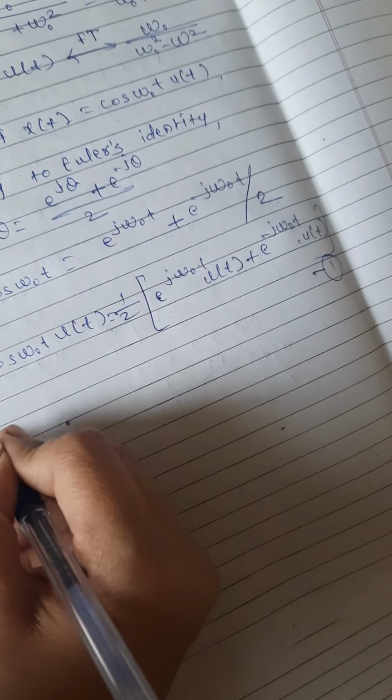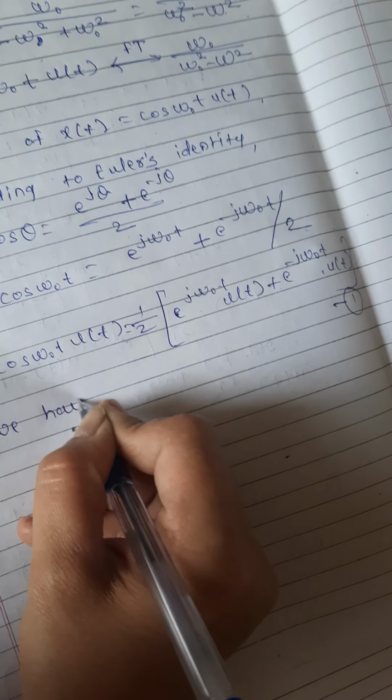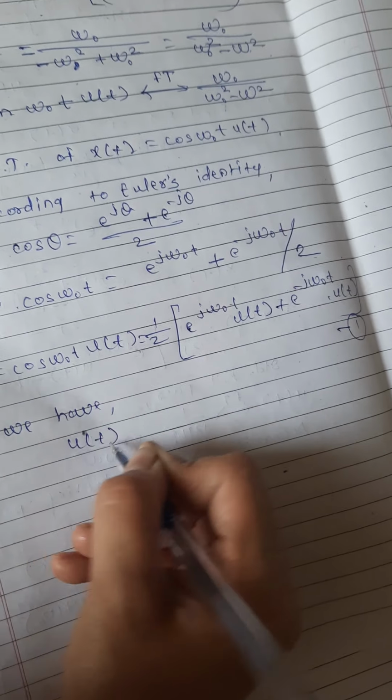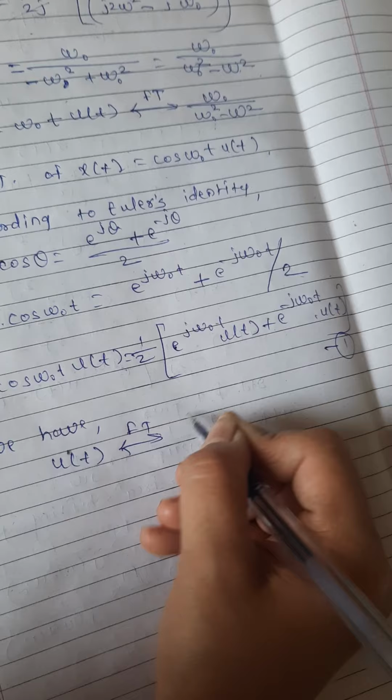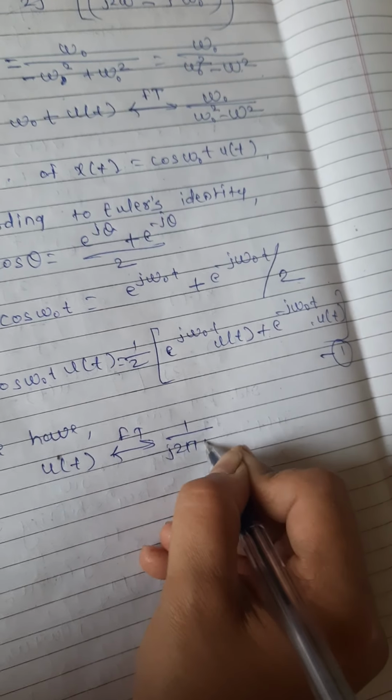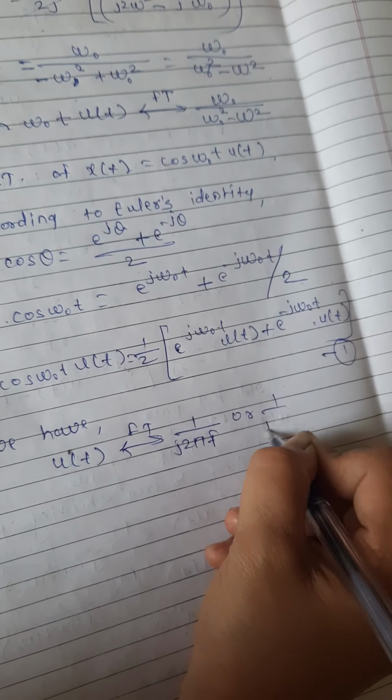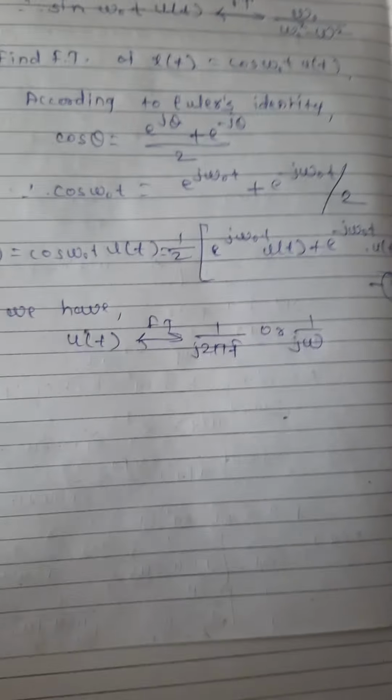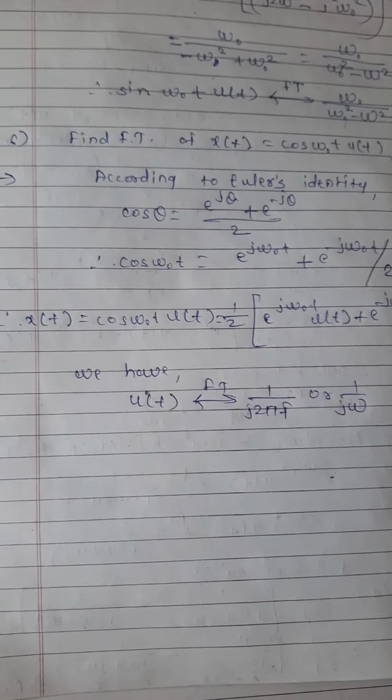Now we have some standard formulae. The Fourier transform of u of t is 1 by j 2 pi f, or 1 by j omega. So this function we already have.